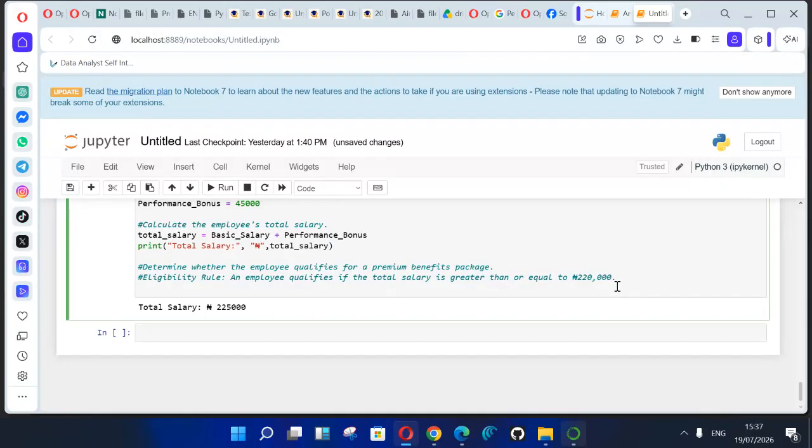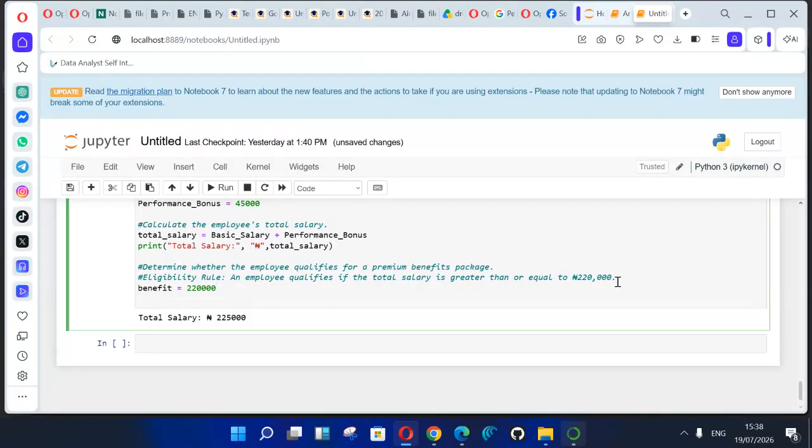So for the benefits, we are going to say benefit is equal to 220k.